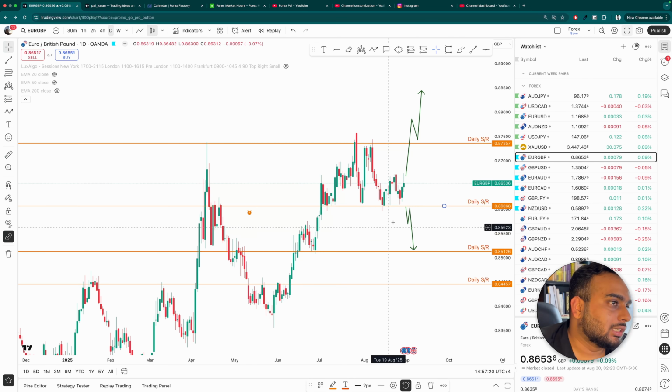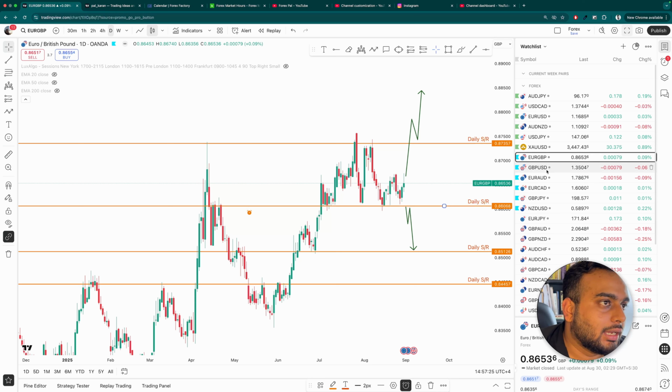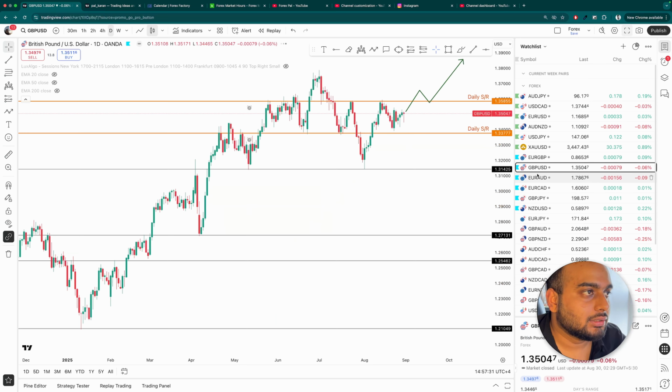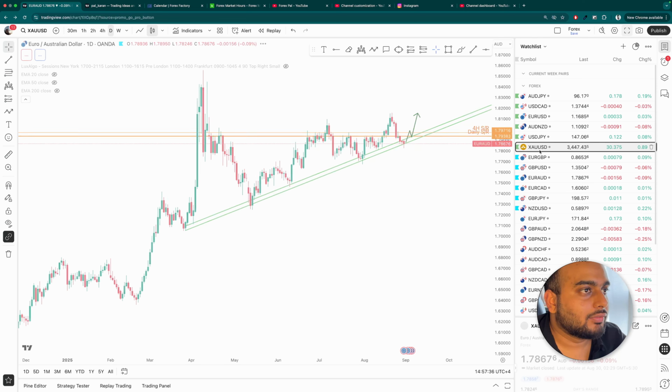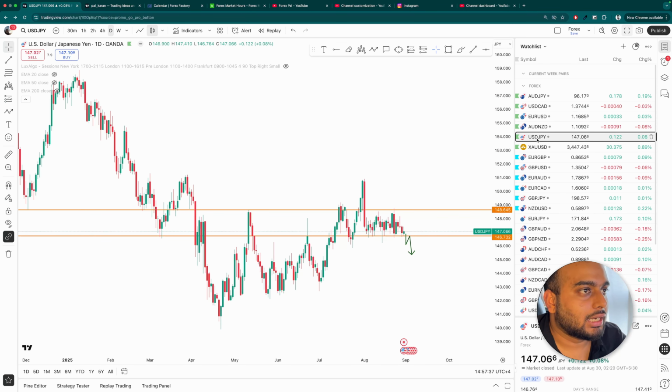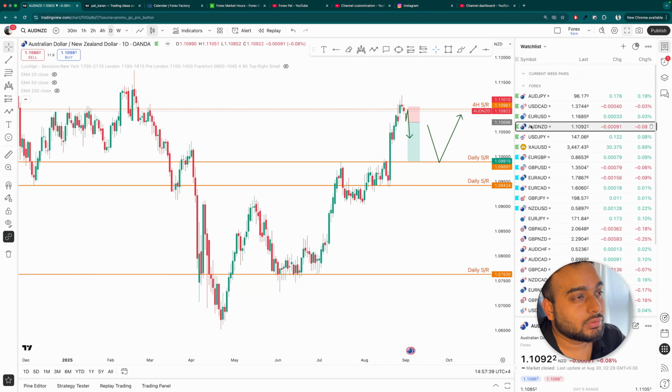So as soon as this alert hits, I'm going to flag it green and watch it maybe once or twice in the day to see what's happening. I think we have good enough pairs.